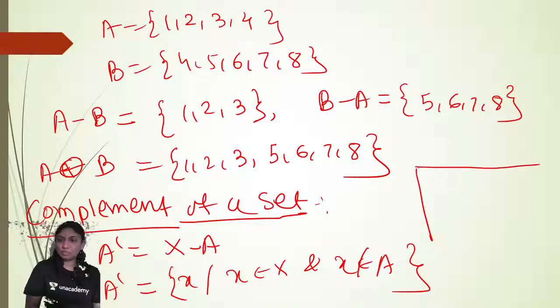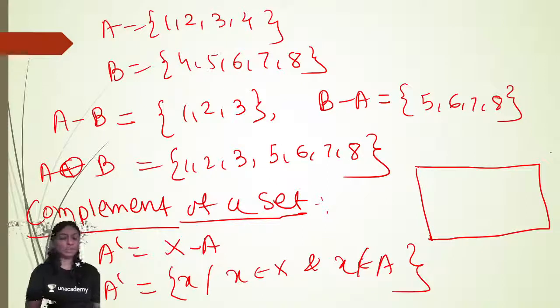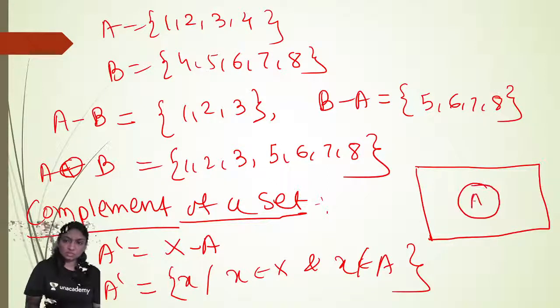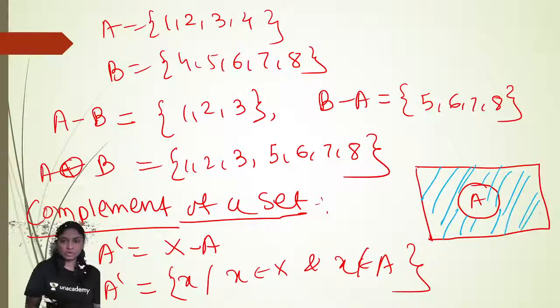Now see here, complement we can denote. Suppose this is your set X, and the elements which are in A. So suppose this is your set A. So what will be your complement of A? The remaining portion, right? This is the complement of A. Are you getting it?